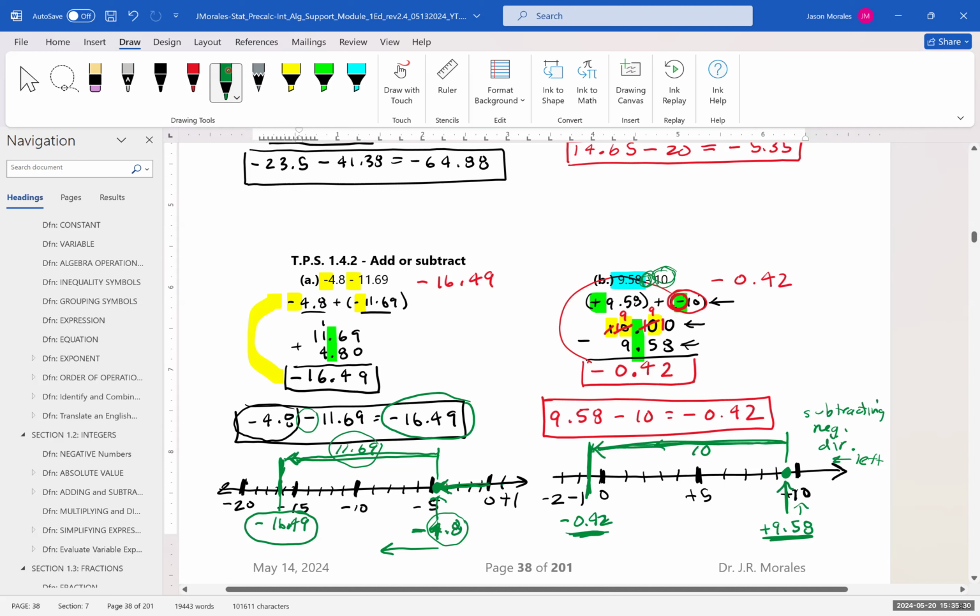So maybe this kind of visual will help you understand what we're trying to do up here. When I do adding and subtracting of decimals, this visual that I was just giving you is kind of how I see it in my mind.